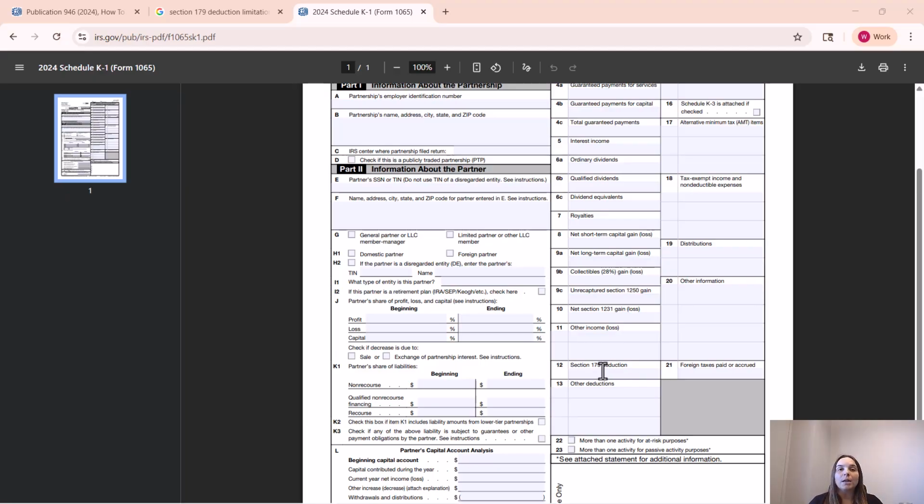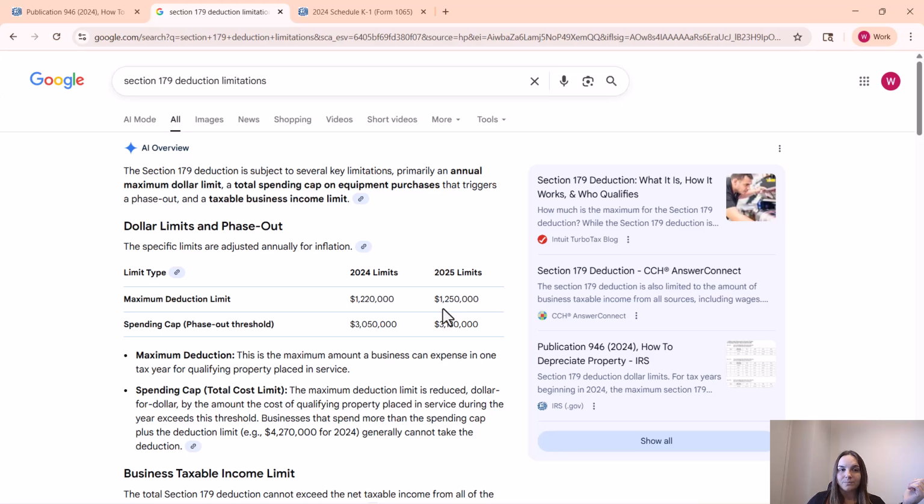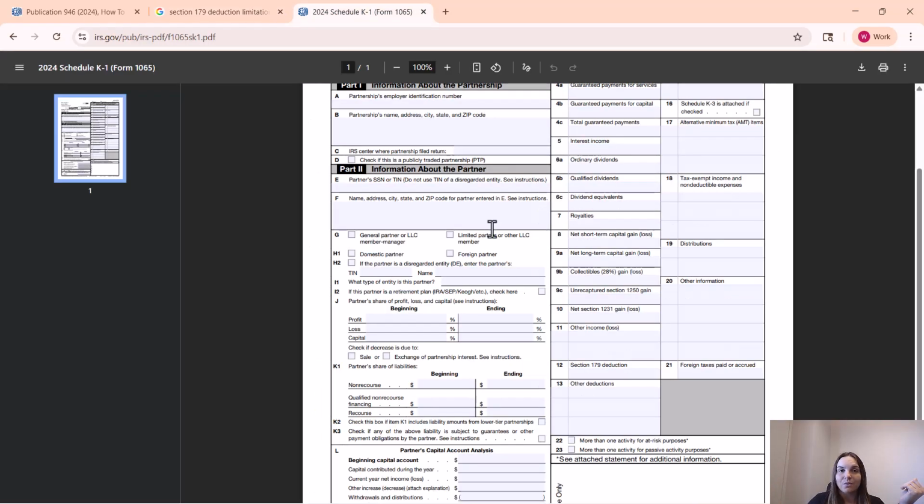So the partner is going to be subject to Section 179 limits, just like on an aggregate basis. Okay, so they're going to be stuck with these limits as well. Okay, so this 1.22 or this 1.25, they are not necessarily subject to the spending cap, but they cannot create a loss. So they can only take a Section 179 deduction up to the aggregate business income that they have, okay?